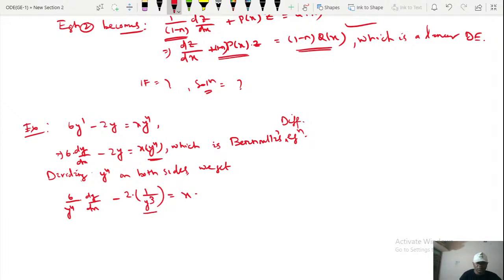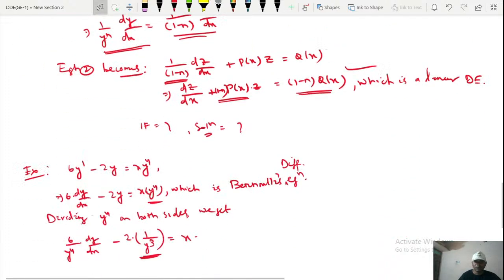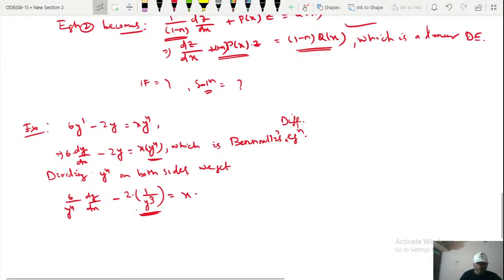Now whatever the whole y term here, after this p of x, I will take that as z. So I will take 1 by y cube as my z.